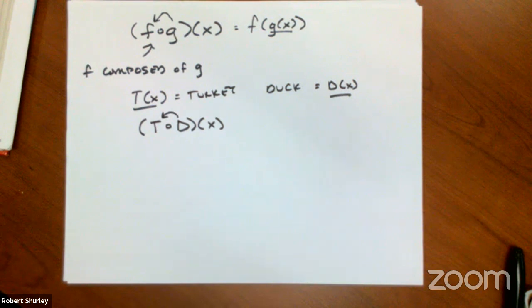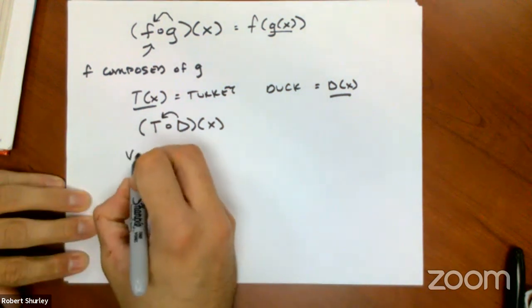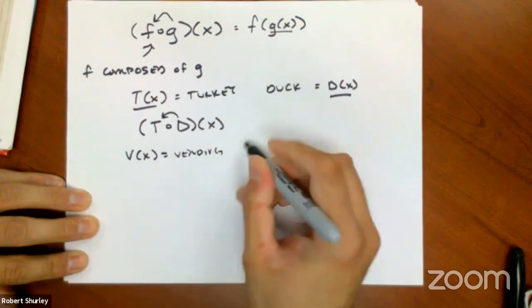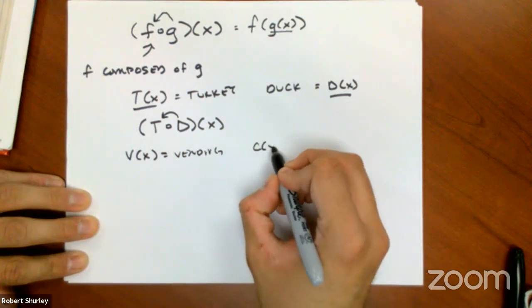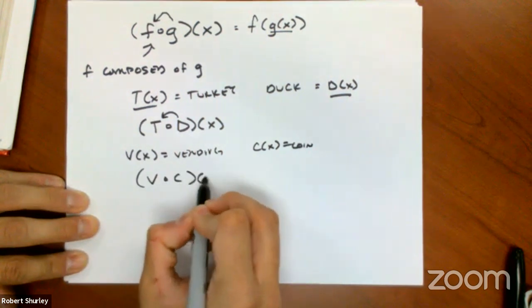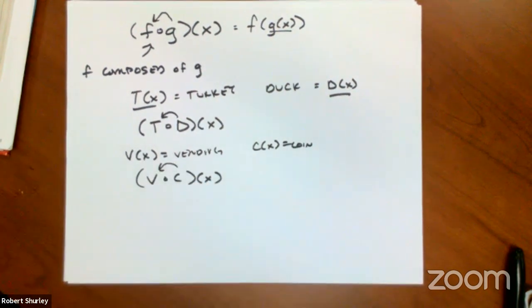Now, if V of X was the vending machine and C of X was the coin, you would write it like this. You'd put the coin into the vending machine, right? You guys think of another one?